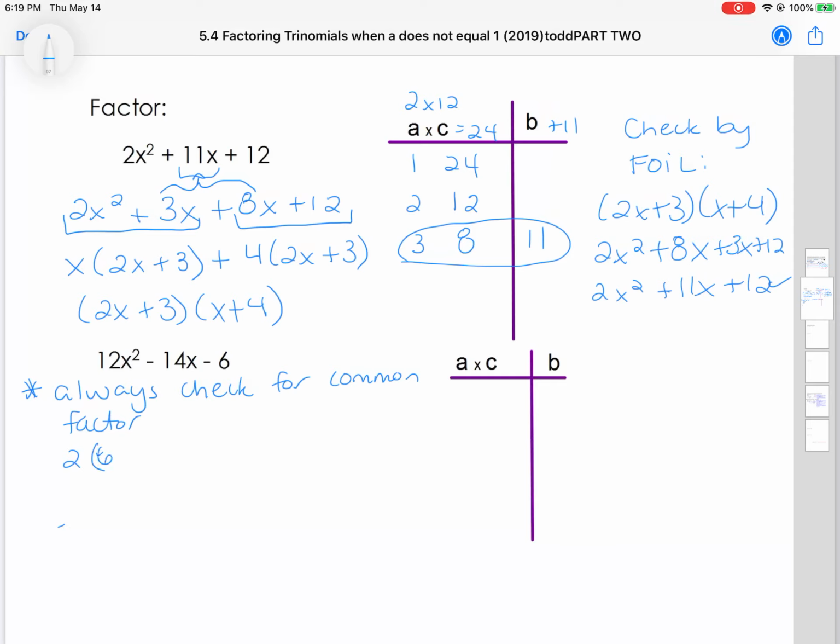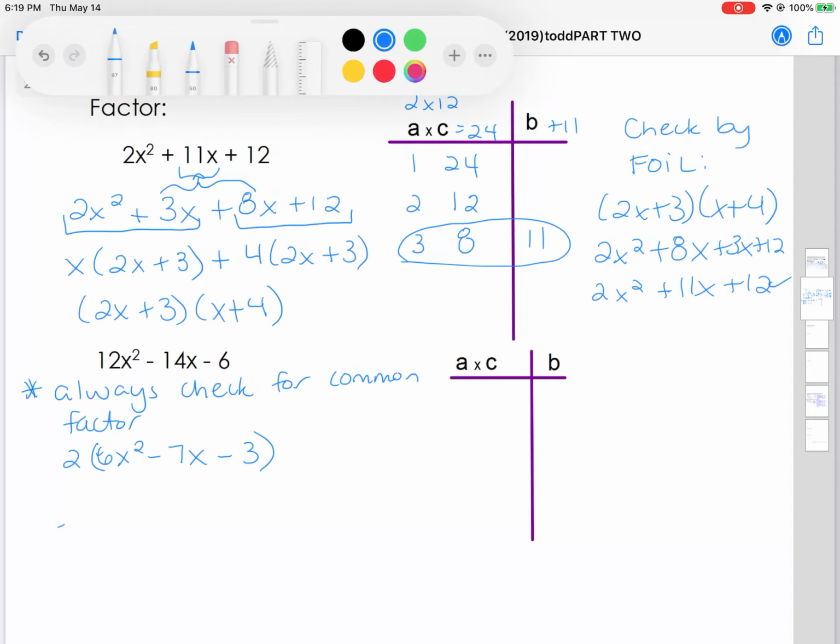Okay, so 12x squared divided by 2 is 6x squared. 14x divided by 2 is 7x. Negative 6 divided by 2 is negative 3. So now you're factoring what's inside.